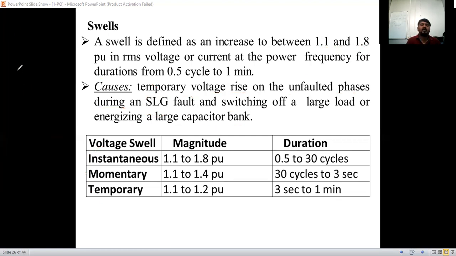Suppose I tell you this for 2 seconds. For 2 seconds, the voltage will be around 0.7 per unit. What will it come under? Can anyone tell me? 0.7 per unit voltage for 2 seconds.